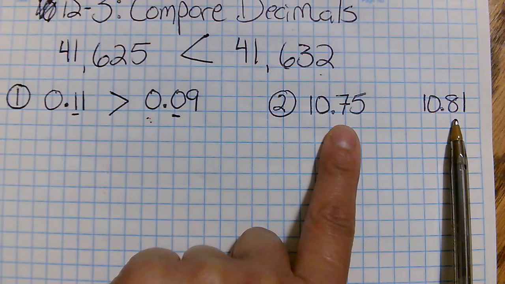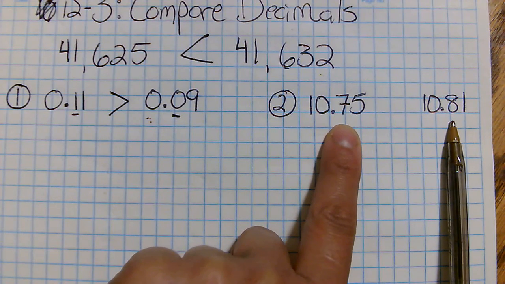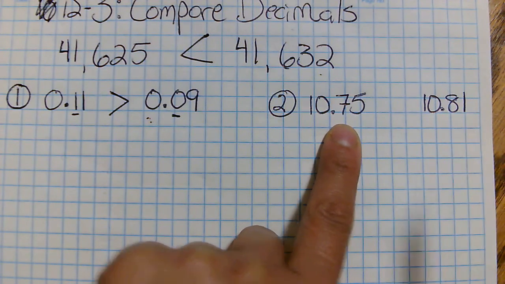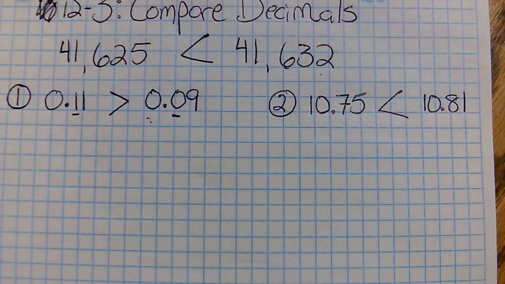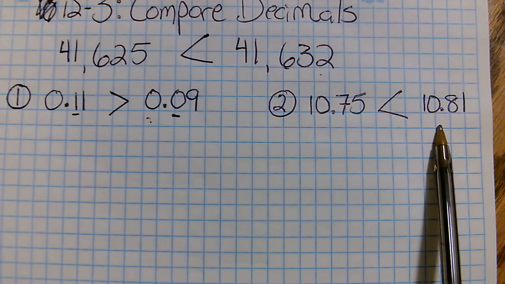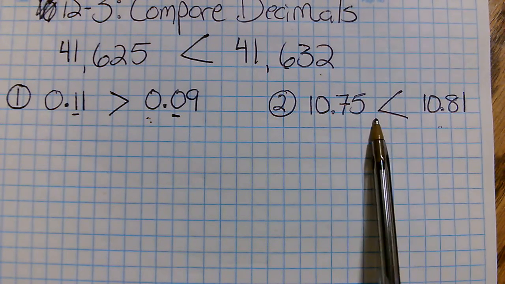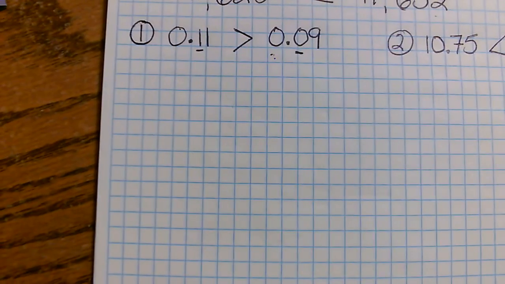This has a 7 in the tenths place. This has an 8 in the tenths place. So this number must be bigger. Remember, when you draw your middle symbol, you always want the bigger side to face the bigger number and the smaller side to face the smaller number. Let's try another one.